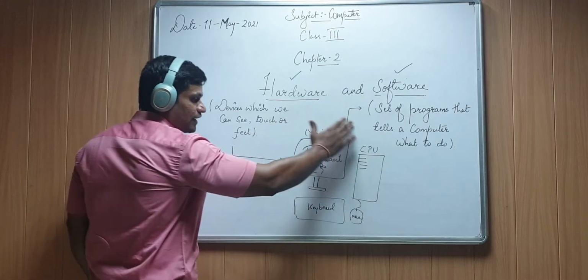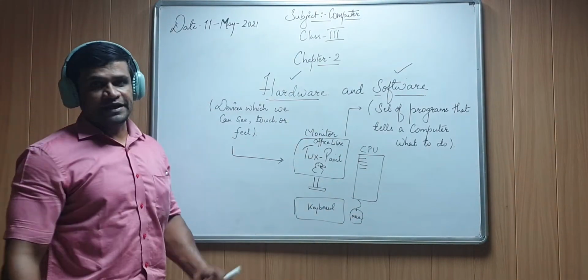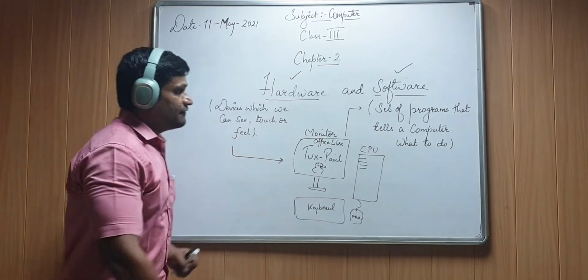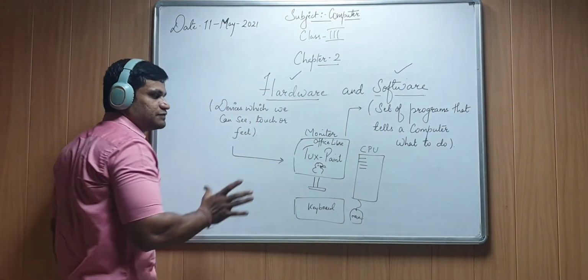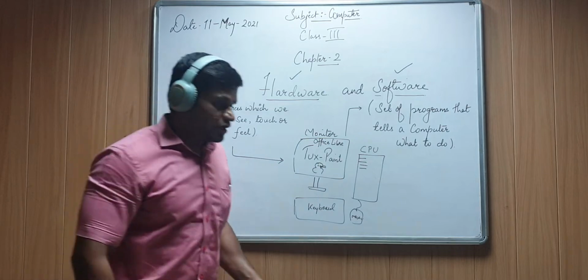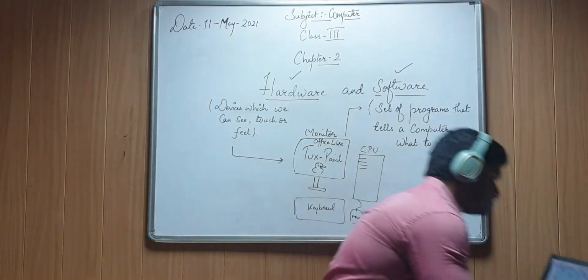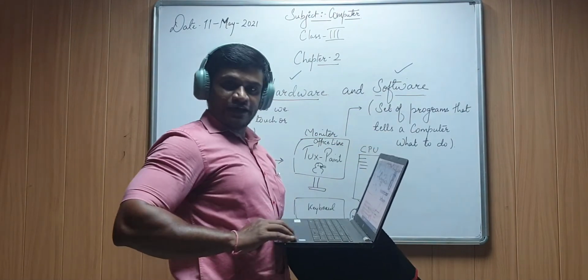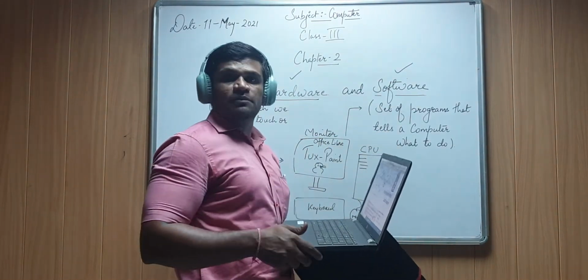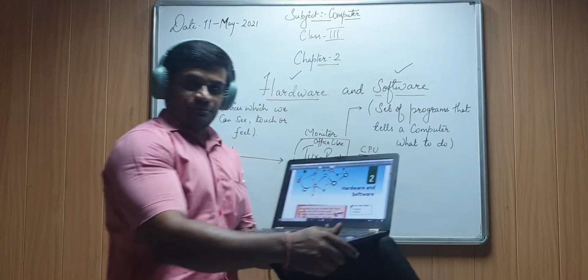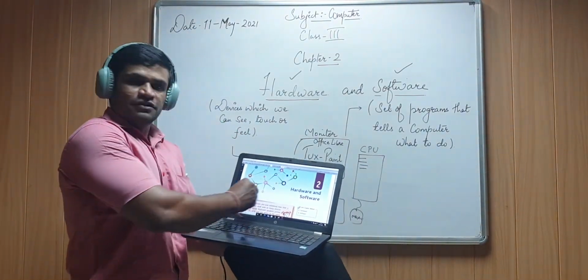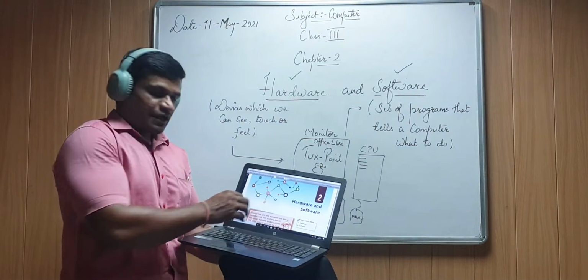Whereas hardware is the devices which we can touch, which we can feel. Again, hardware are those devices which we can see, which we can touch. Like if I'm using this laptop, I can touch the screen, the keyboard, and the mouse. But the program, the book of yours which is open inside your computer, can I touch it? I can't touch it. Can I feel it?